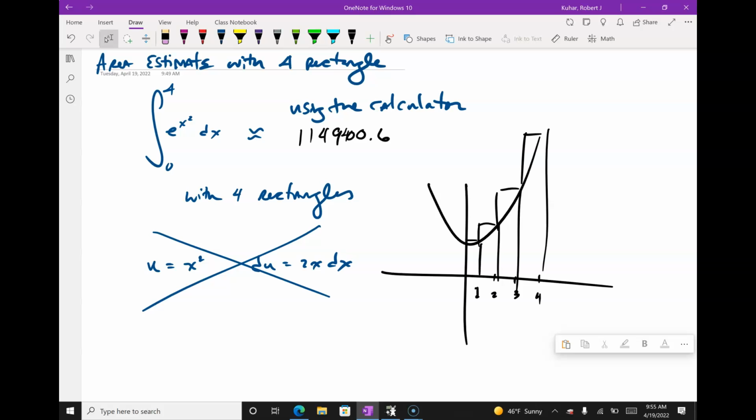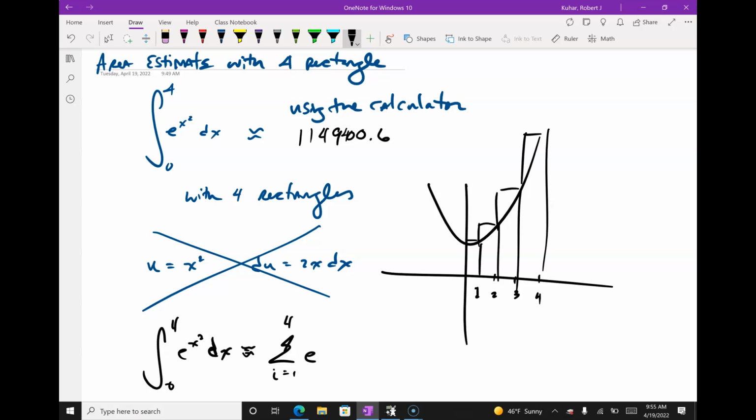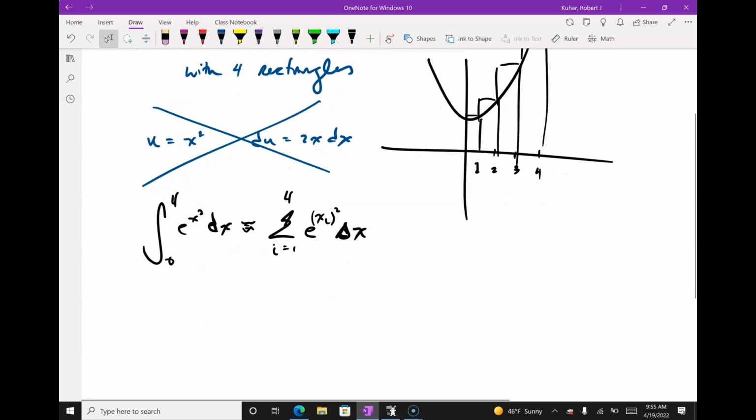But now we want to use our rectangles, right? So I'm doing the integral from 0 to 4 of e to the x squared dx. And that's going to be approximately equal to the sum from i equals 1 to 4 of e to the x sub i squared delta x, right? f of x sub i times delta x, yes?